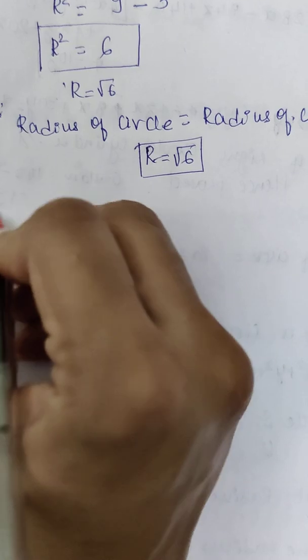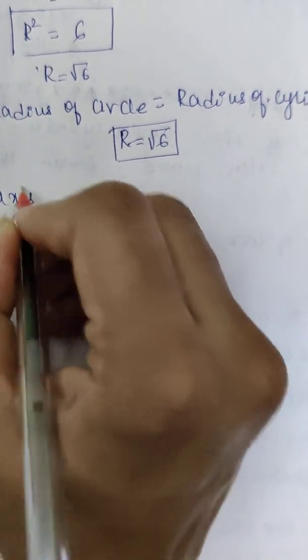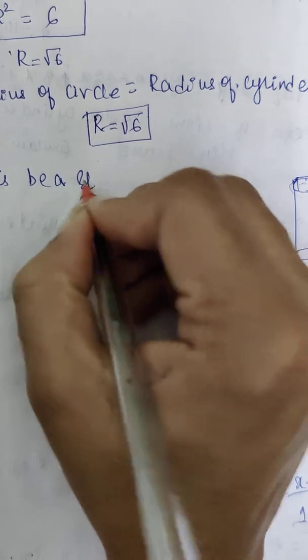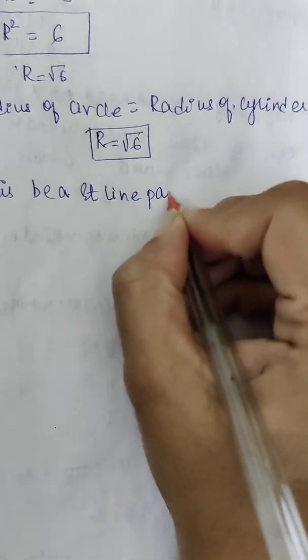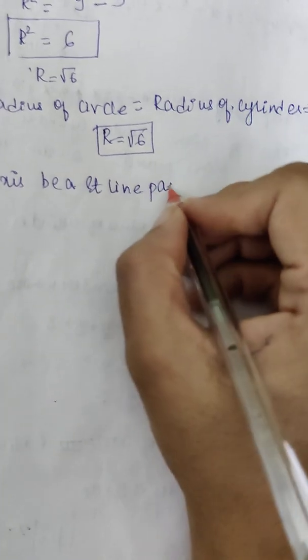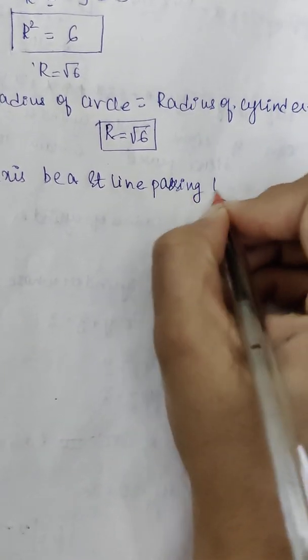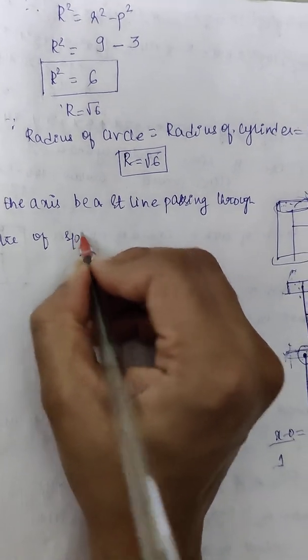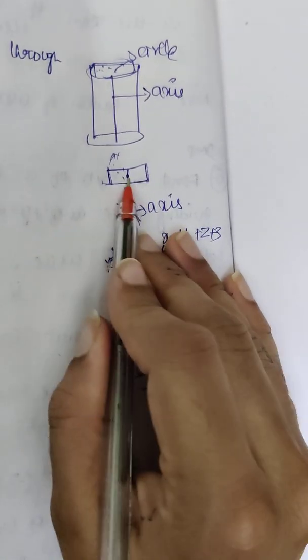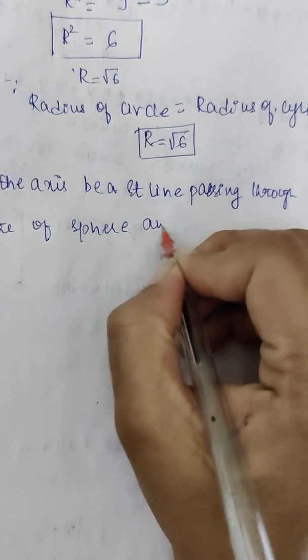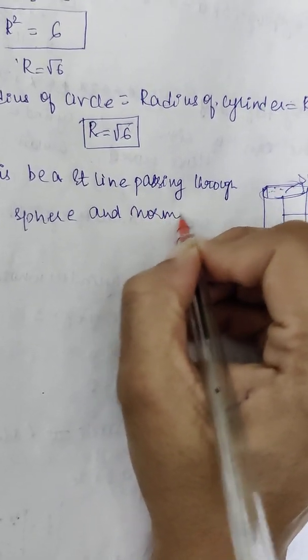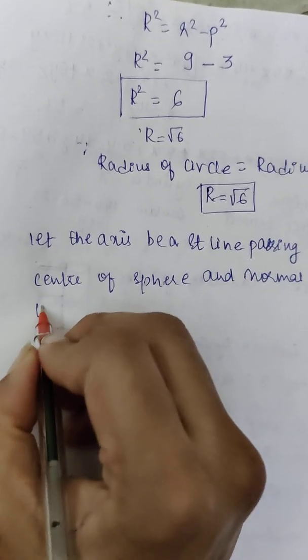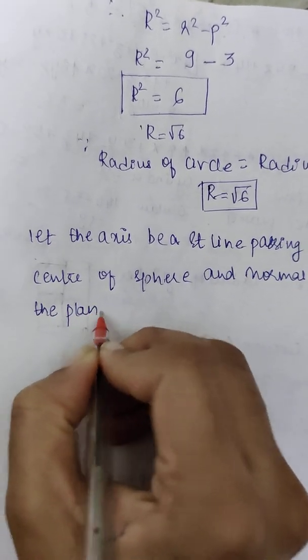So I'm going to write down, let the axis be a straight line. It's passing through the center of the sphere, and this line is normal to the plane. How does my plane look like?